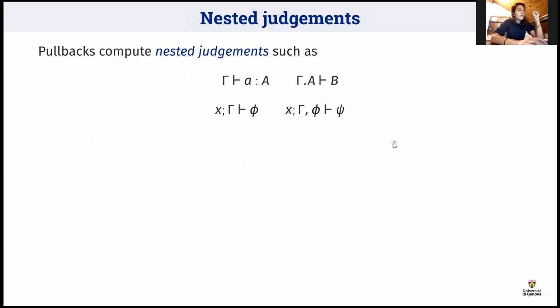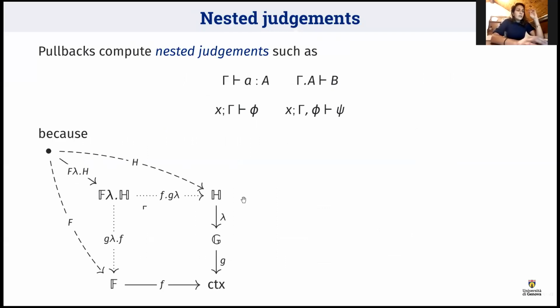that we started from. What I mean by that is that if we have a judgment classifier F and a judgment classifier G, and then we have a rule lambda between H and G, then when we compute this pullback, which I write with this weird dot notation, which is just a simple way of writing things when you have to compute pullbacks, and it's very useful when you try to read these diagrams.